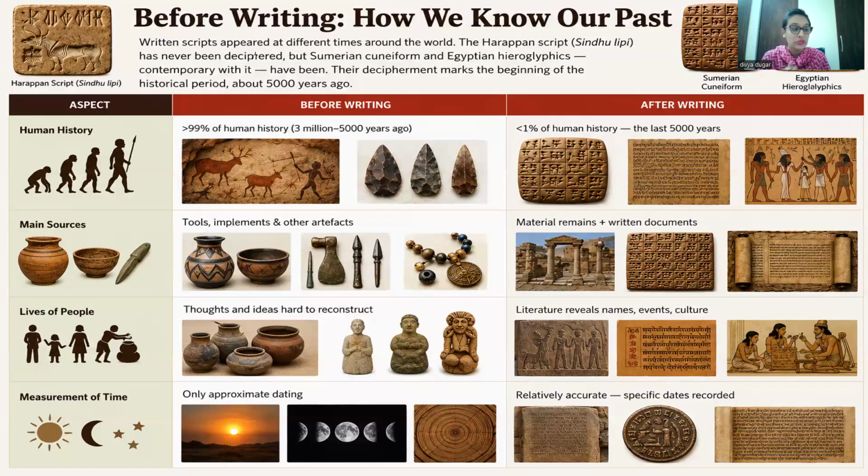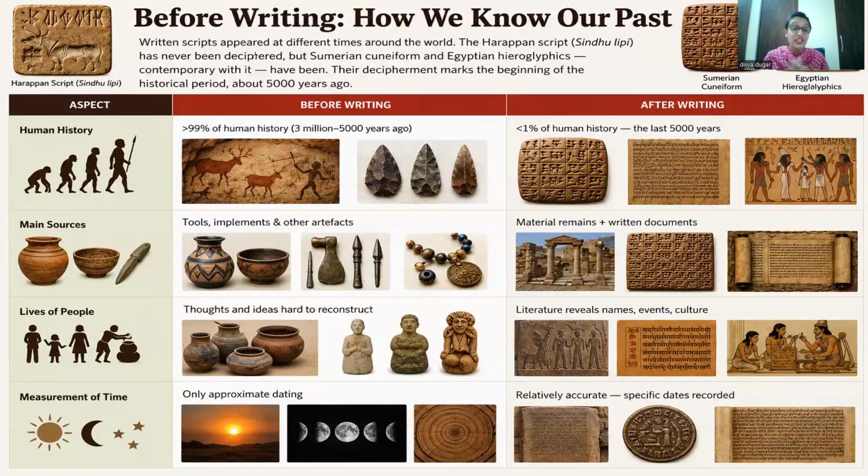Now students, if I speak about the main sources of reconstruction before writing, they were the tools, implements and other objects which you can see on screen. But when writing came, the main sources became material remains and written documents.